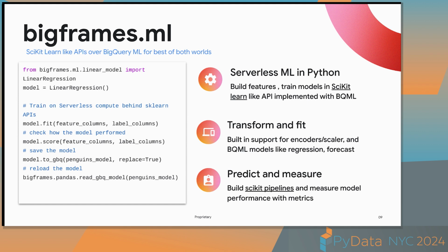So we have in BigQuery ML, there is a create model statement, and any code you write in this bigframes.ml package will push down to BigQuery ML. And in some cases, BigQuery ML will integrate with Vertex AI, and we'll use that today as well for some of the more advanced models.